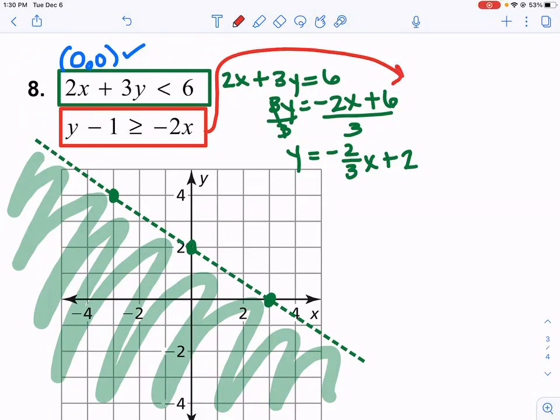Okay, so now I'm going to change this to y minus 1 equals negative 2x. This one's not that much work. What do we have to do? You gotta add the 1 to the other side. Add the 1, so we have negative 2x plus 1.